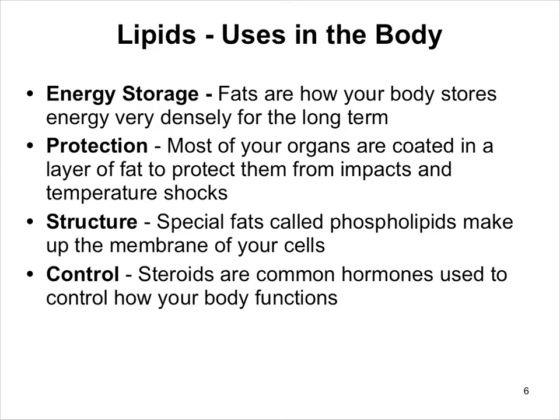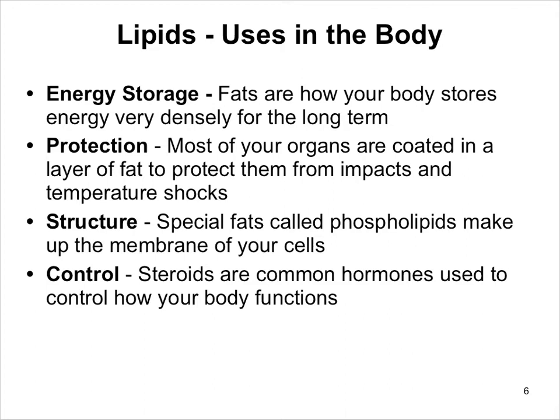How are lipids used in the body? Well, the main one that everyone knows is energy storage. Didn't we just talk about how your body stores sugar in the form of glycogen for energy storage? Well, we also talked about how glycogen is specifically made so that it has all of these ends where you can release sugar really, really quickly.